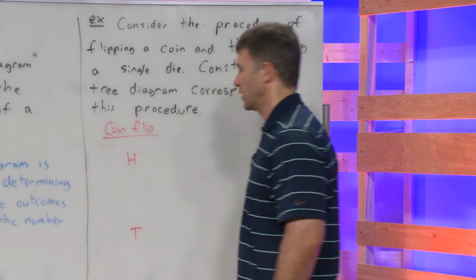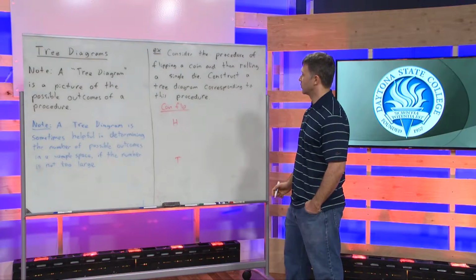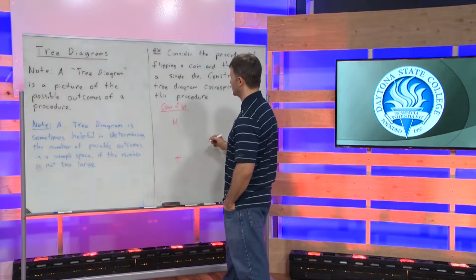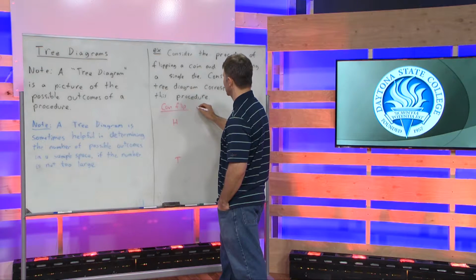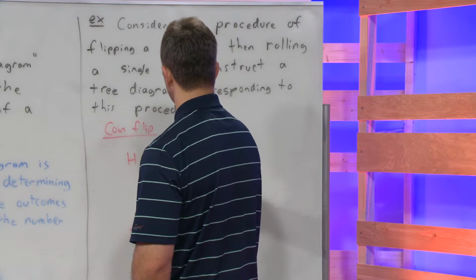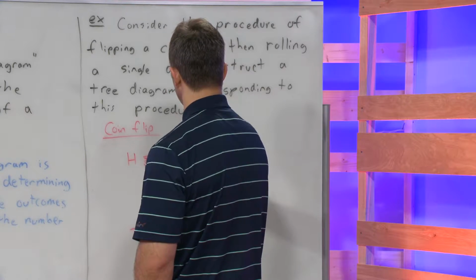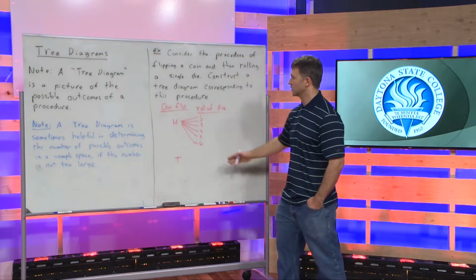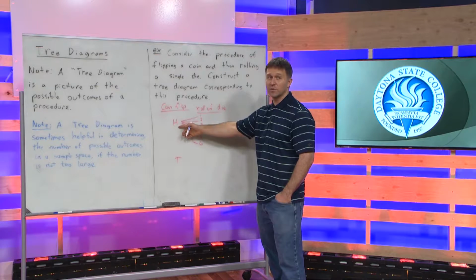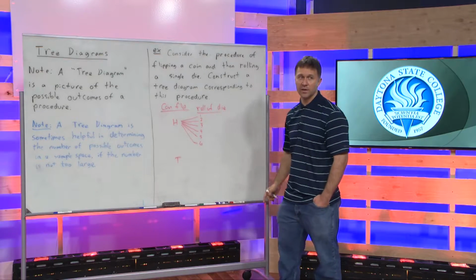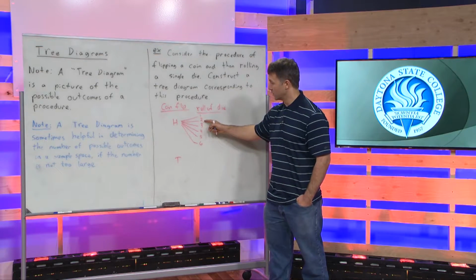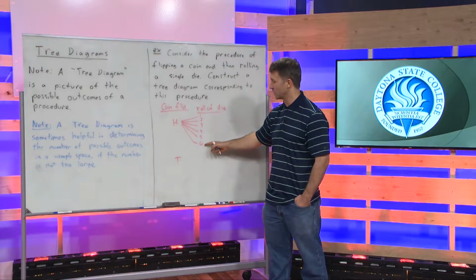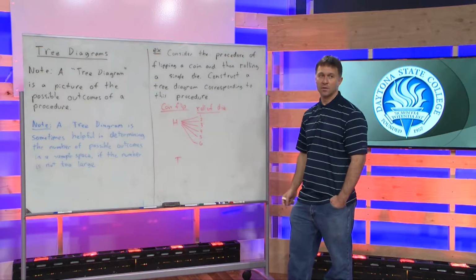So you could get heads or tails for the coin flip. The roll of the die, you could get a 1, a 2, a 3, a 4, a 5, or a 6. What I just illustrated is the fact that you can get a heads in the first flip, and if you get a heads, you could then get a 1, a 2, a 3, a 4, a 5, or a 6 when you roll the die.